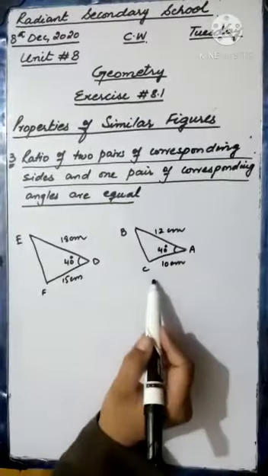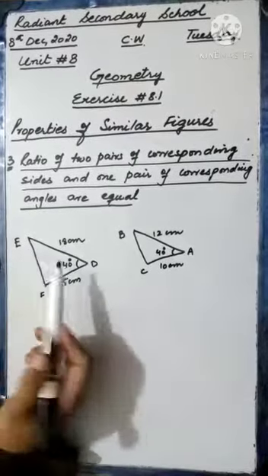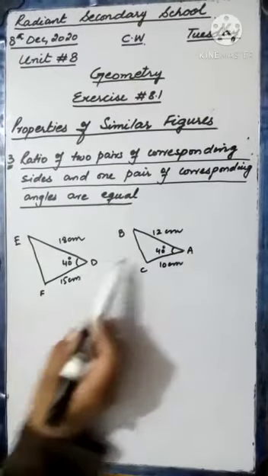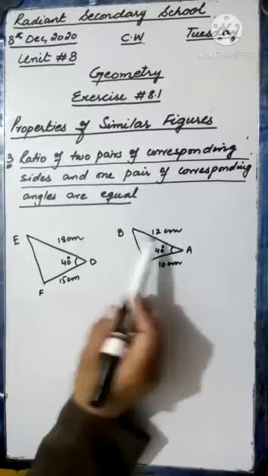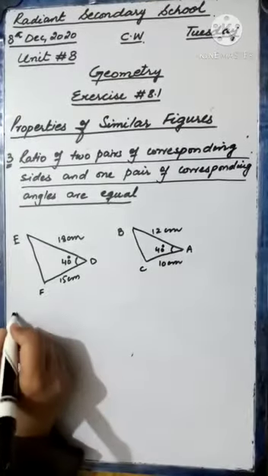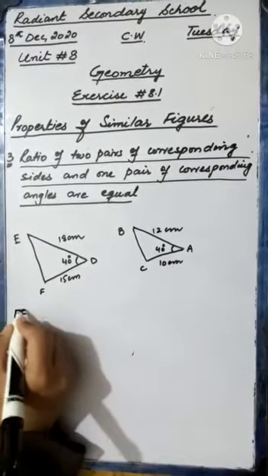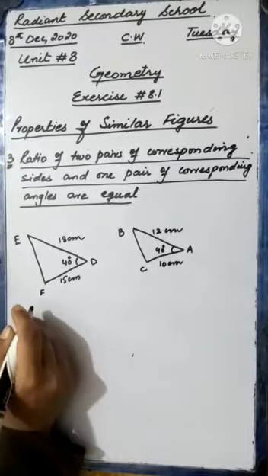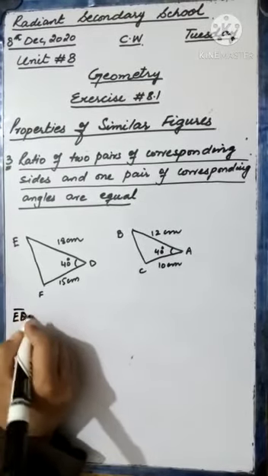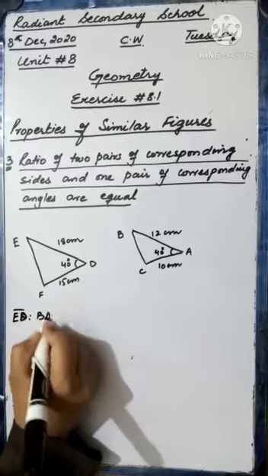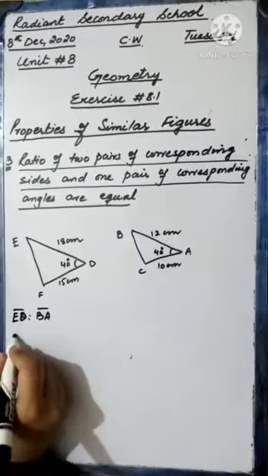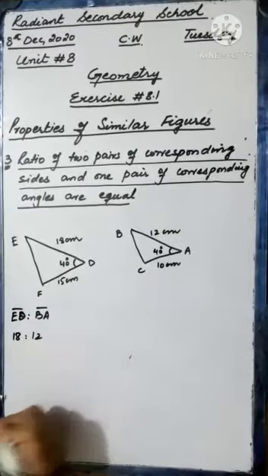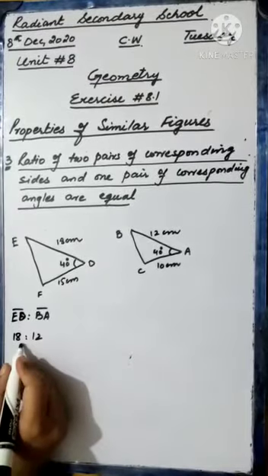Like in this example, you can see that ED and BA are corresponding sides, so I will take the ratio ED to BA. It is equal to 18 to 12. And you know what it is?